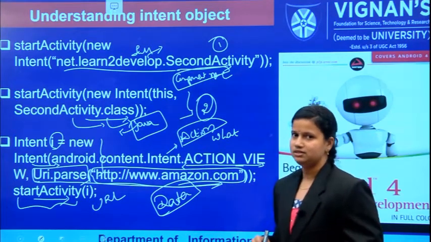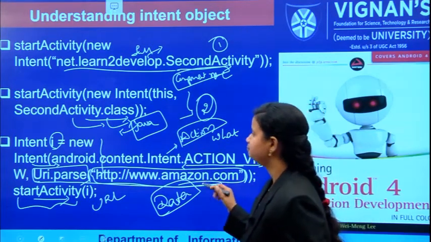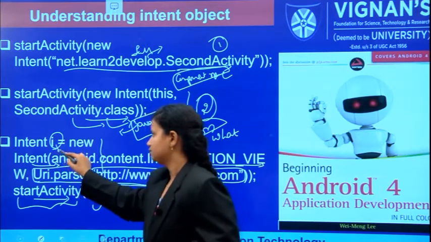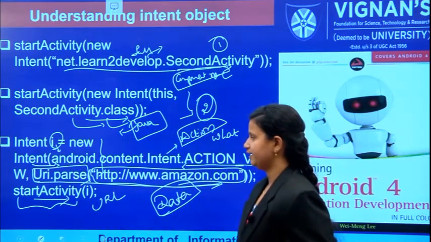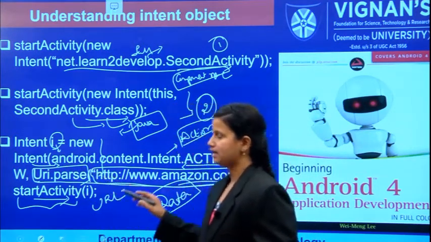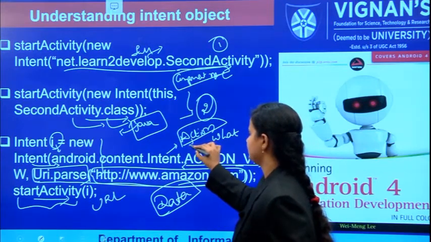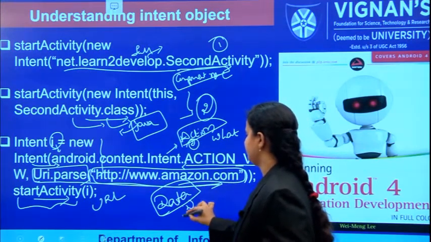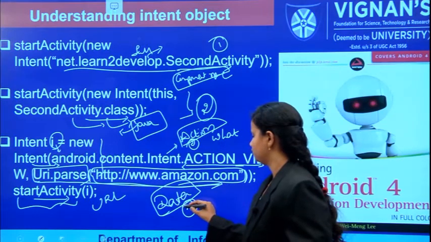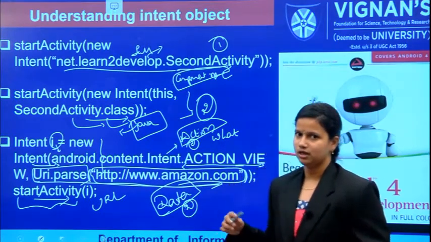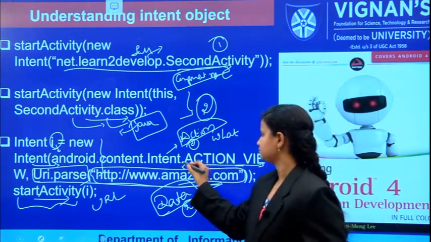The third way is that we create the intent object i, and in that we have to provide two things. The first one is an action and the second one is data. The action is what type of work we have to do.